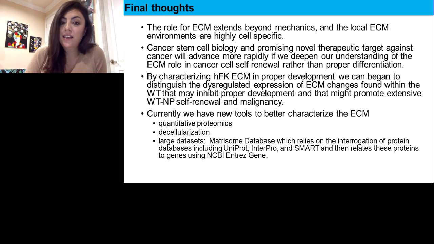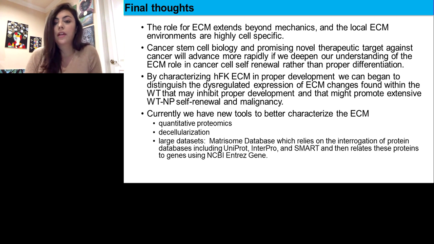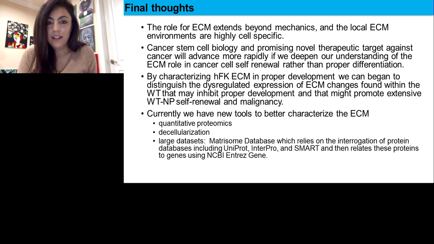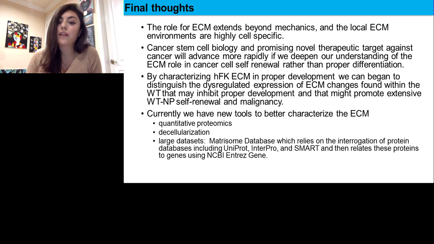By studying cancer stem cell biology and by understanding and characterizing the extracellular matrix in cancer, we could actually find ways to provide more novel therapeutic targets for stem cells and understand why they stay in the self-renewal state rather than differentiate.